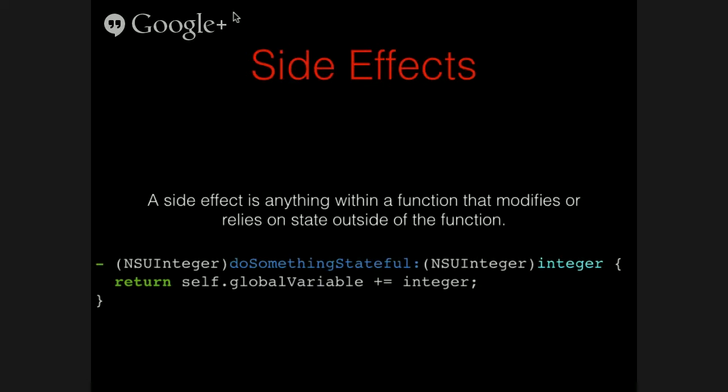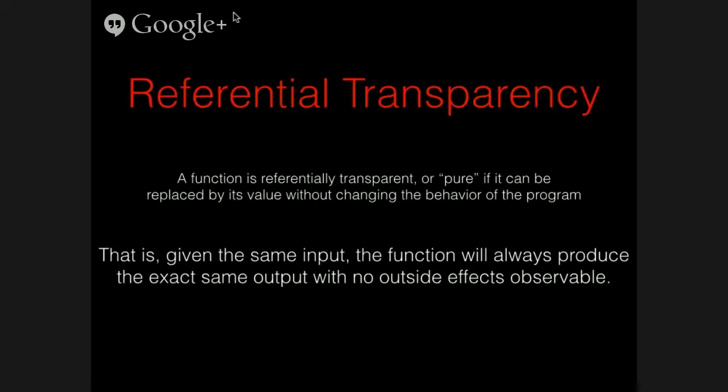This is normal, but we want to try to avoid this because it's a side effect. You're changing the state, and this function is going to produce something different every time you call it, so it becomes difficult to reason about. And so we want to go for referential transparency, or pure functions, and not mess with state inside our functions.